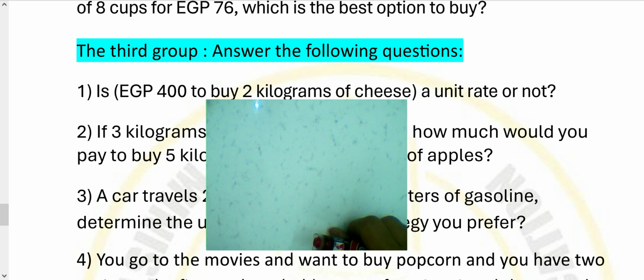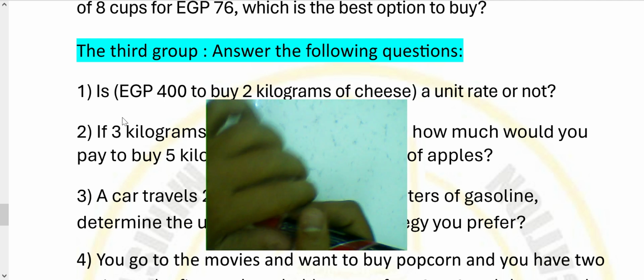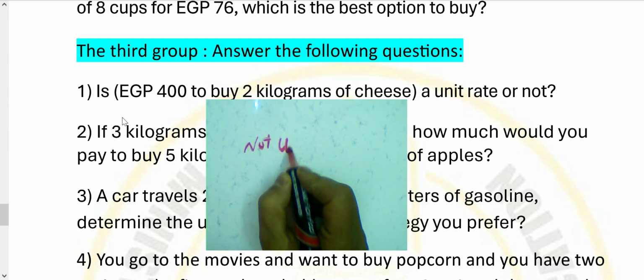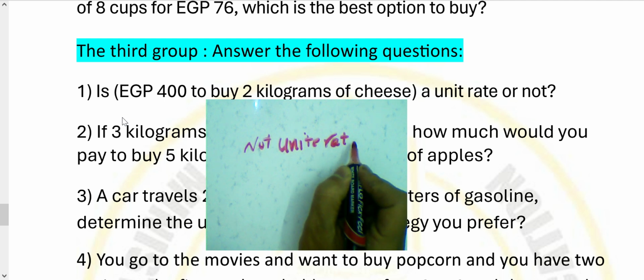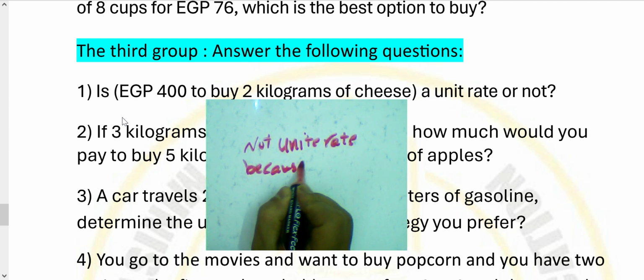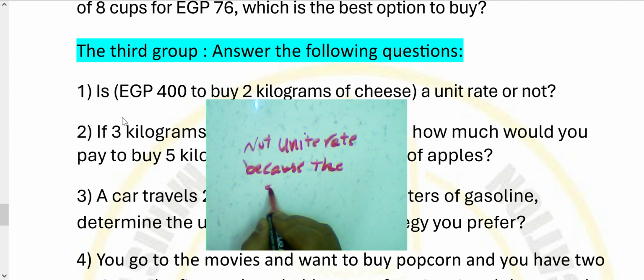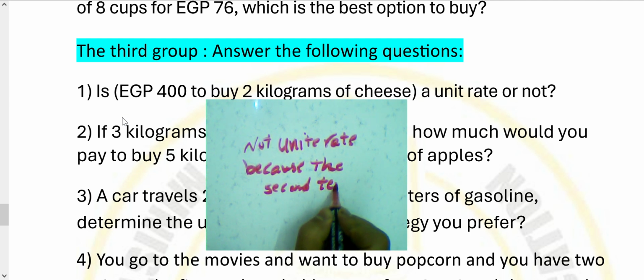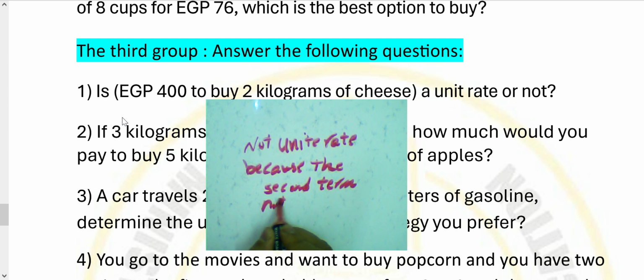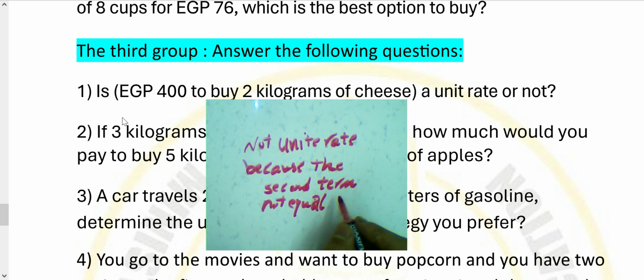We must compare between two different quantities, and the second term should equal 1, but we have 2 kilograms, so not a unit rate, because the second term is not equal to 1 kilogram.